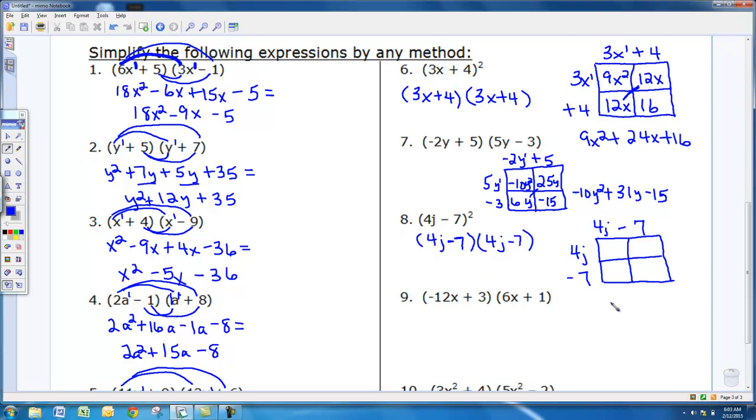Okay, the box is set up for you. Go ahead and pause the video and take 2 or 3 minutes to give this one a try. Turn it back on and check your answer.